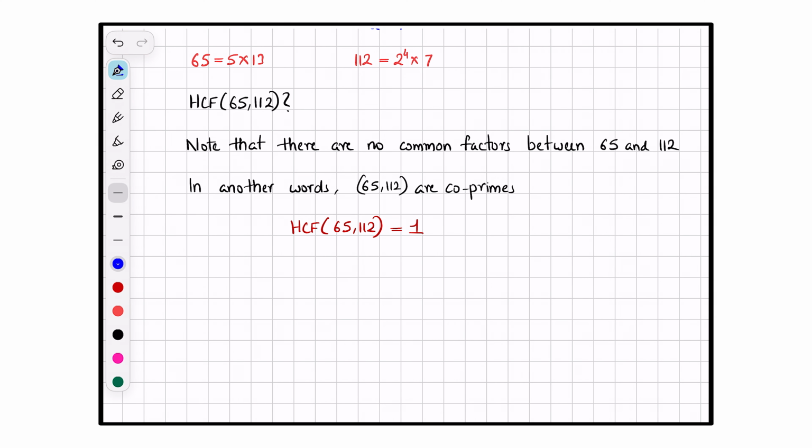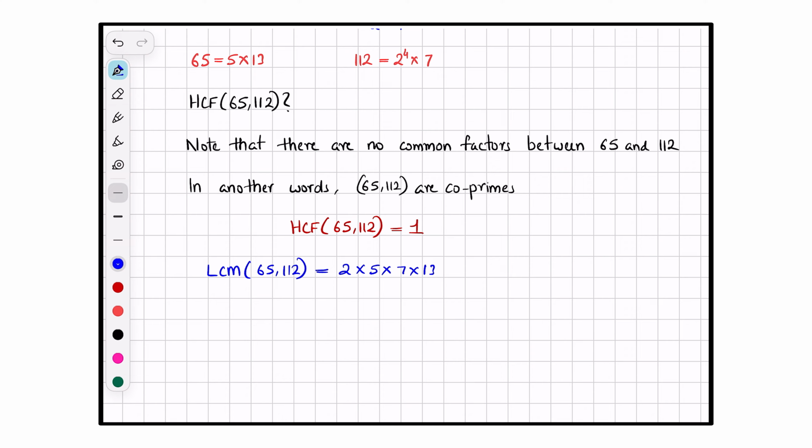We will now also calculate the LCM of both these numbers. So for LCM of 65 and 112, we have to list down all the factors. So that is 2, and then 5, and then 7, and then 13.